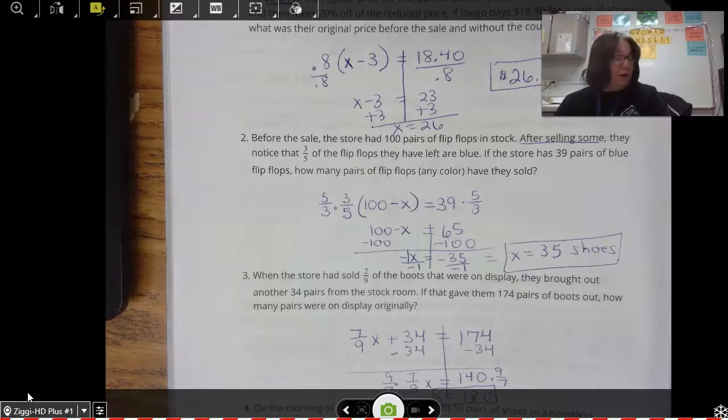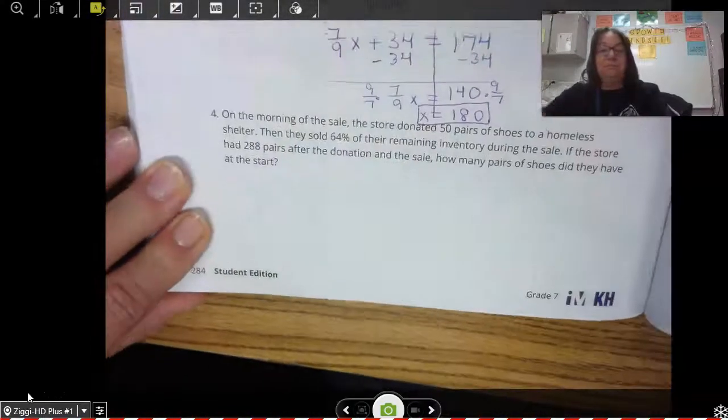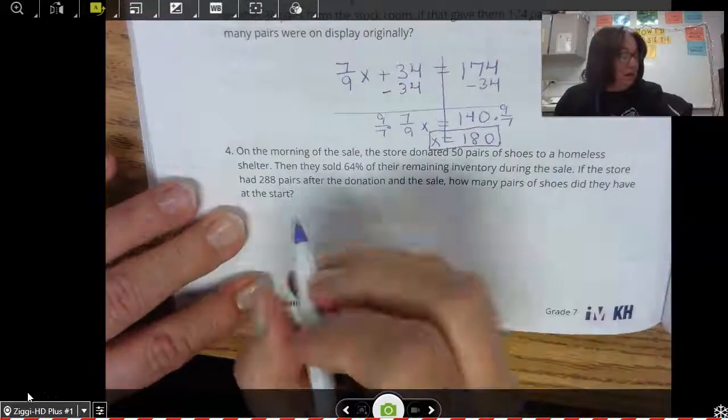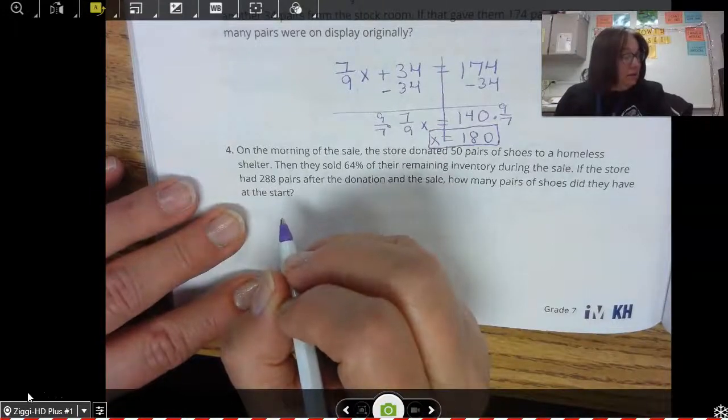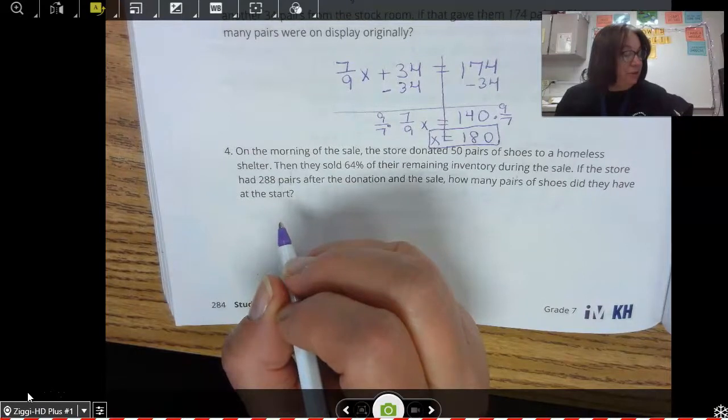Number 4, I want you to go ahead and try to see if you can read and write that equation on your own, and then come back and we will check number 4. Okay, so on the morning of the sale, the store donated 50 pair of shoes to a homeless shelter.